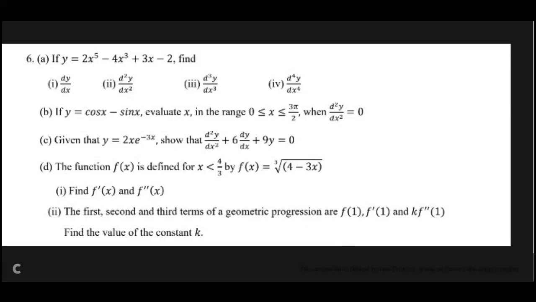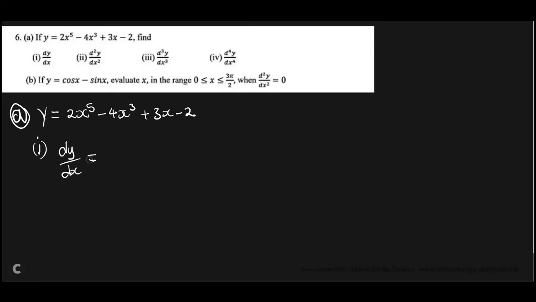The first question is A. They're saying if y equals 2x to the power 5 minus 4x cubed plus 3x minus 2, the first thing you need to do is find the first derivative, dy over dx. So in this situation, we'll just differentiate this.